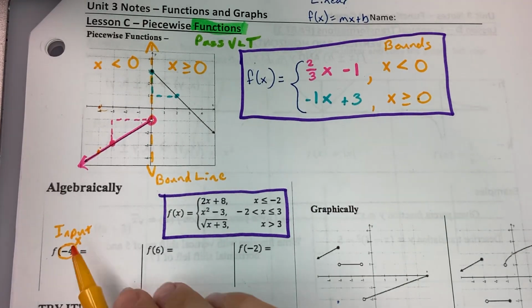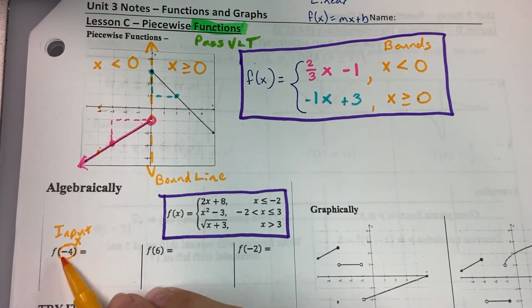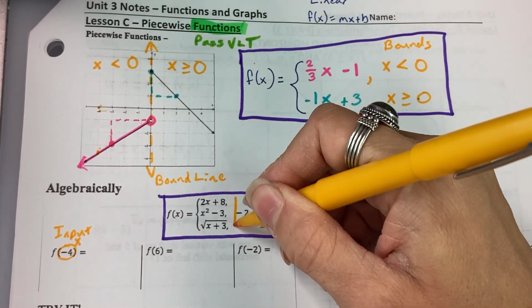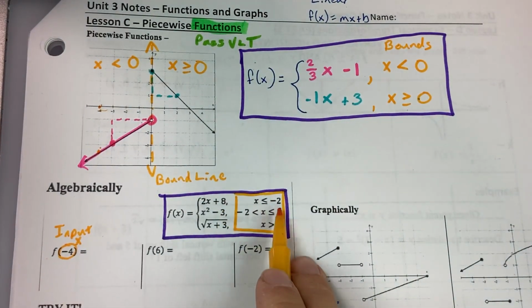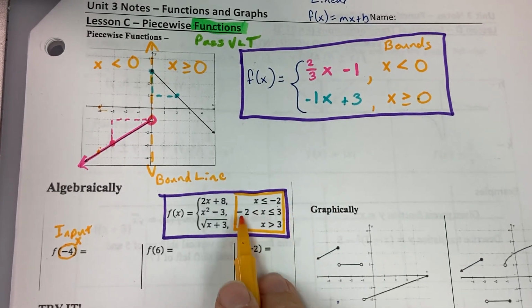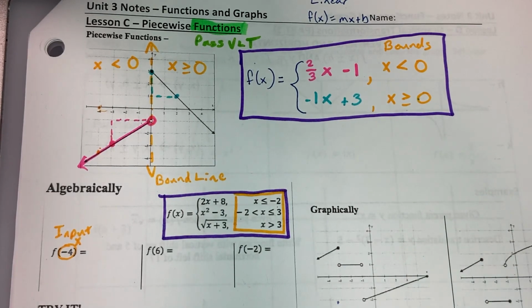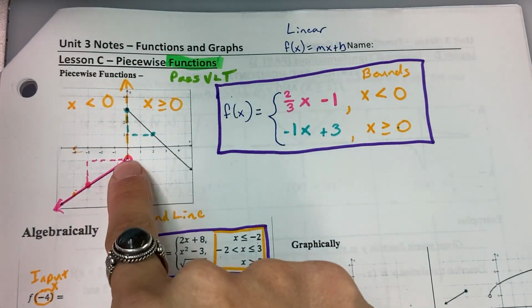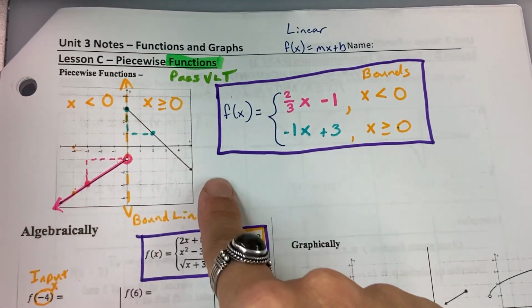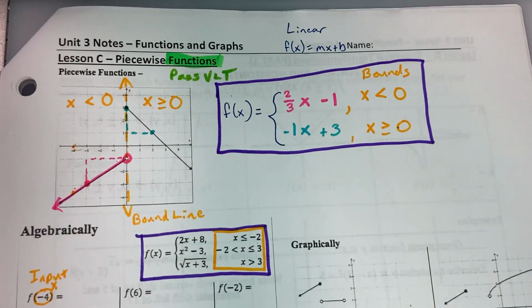So as I'm looking at this first one, this says f of -4. So looking at my bounds, is -4 less than or equal to -2? Is it between -2 and 3? Or is it greater than 3? And the good news is, because these are functions and they will always pass the vertical line test, there will only be one function piece per x area.